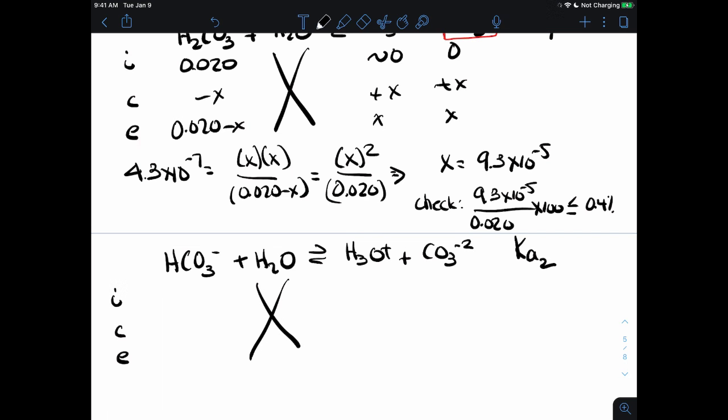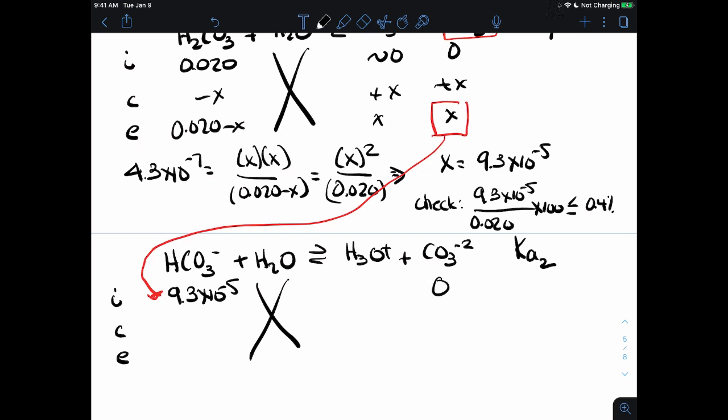ICE table again. The concentration of HCO3- initially goes right there. So that will be my 9.3 times 10 to the negative 5. The concentration of carbonate, that's 0. I don't have any of that.